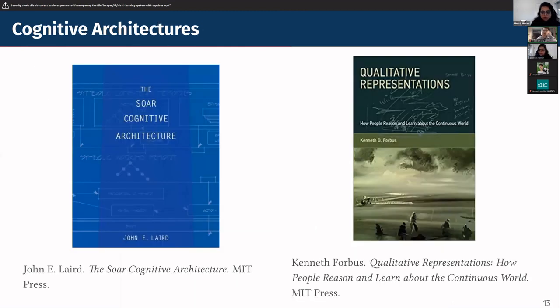Okay, so I don't know if all of you know cognitive architectures, but I still wanted to talk about them a little bit. Cognitive architectures are architectures that allow us to build intense cognitive models. The interesting part is that they aim to explain the entire complexity of human intelligence.